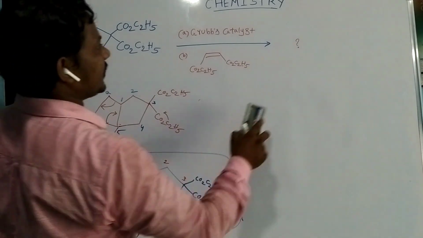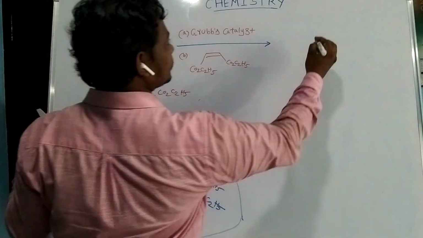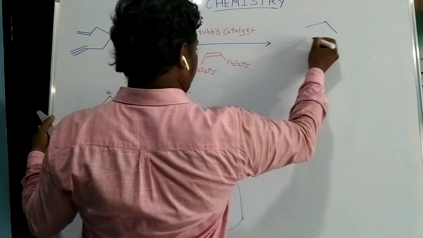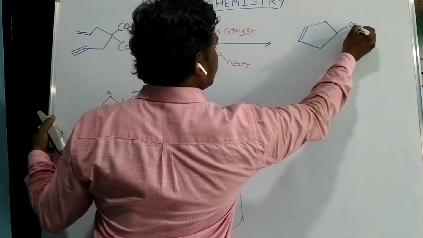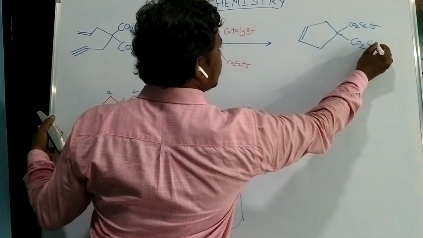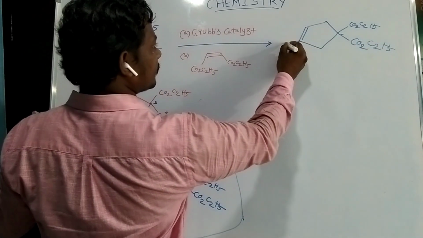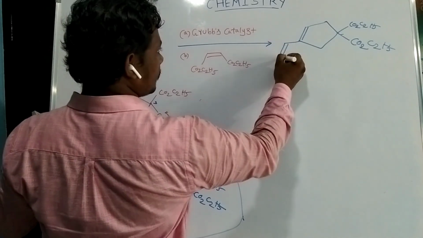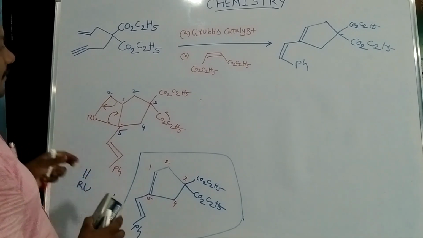Now I am writing here: C2H5, CO2, C2H5, then Ph. This is the first step. Okay.